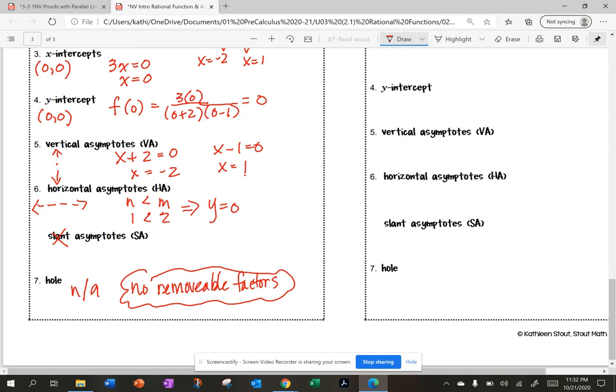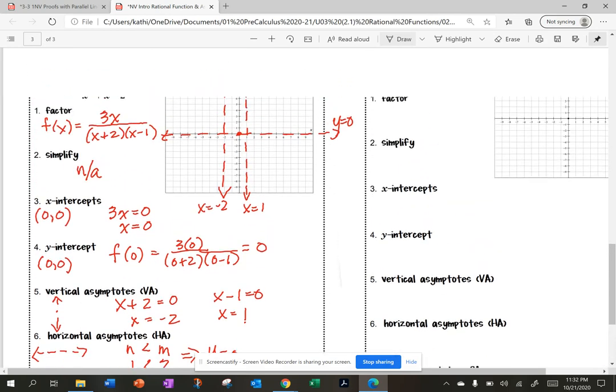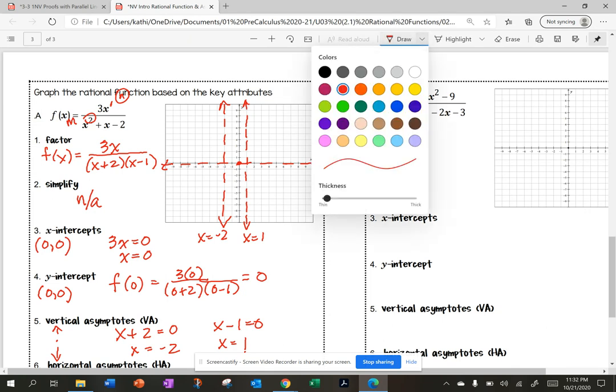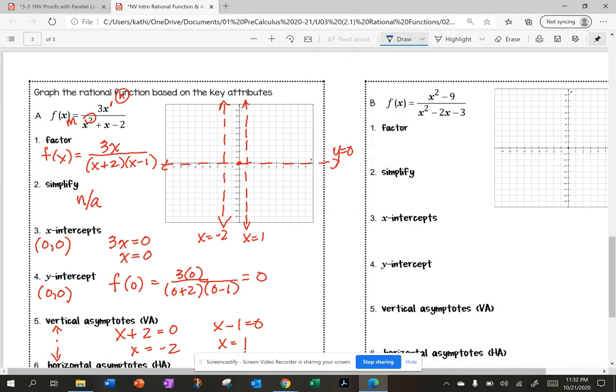Okay, so I want to know how to graph the middle. To graph the middle, I have to test points. Right now I have 3 different sections on my graph: an interval from here to here, another from here to here, and another from here to here. I need to test a point in each section to know if I'm going to be in the top or the bottom of that section.